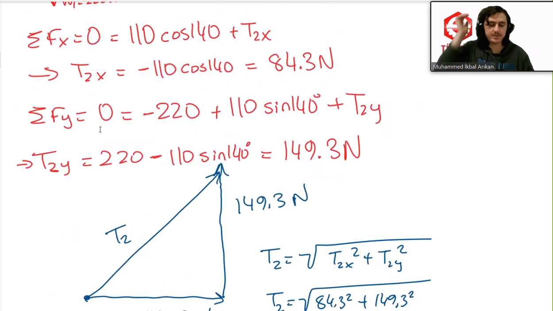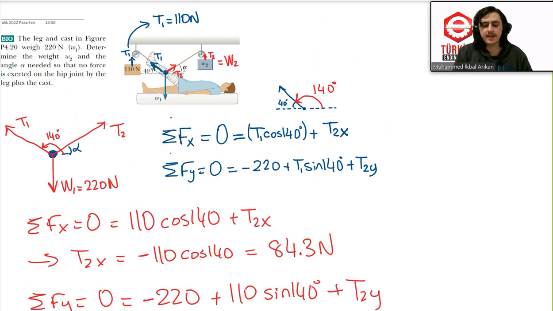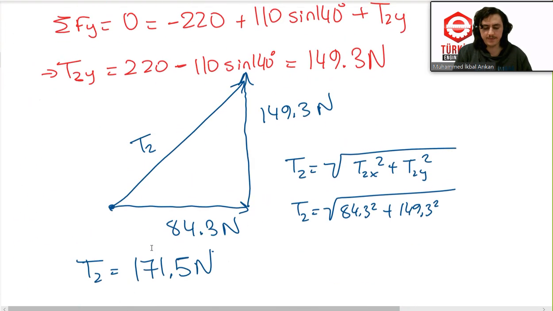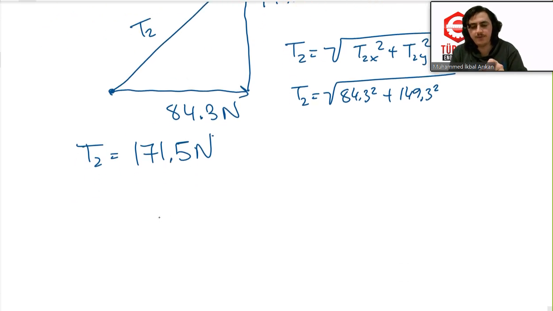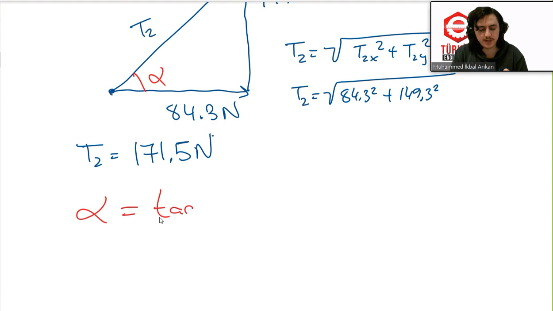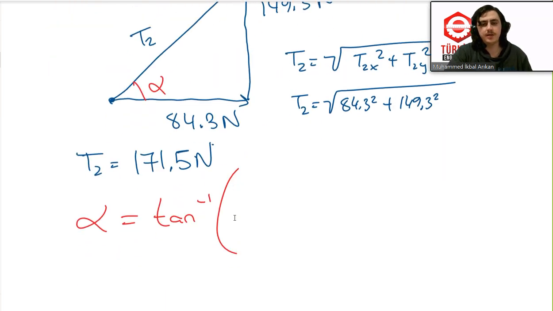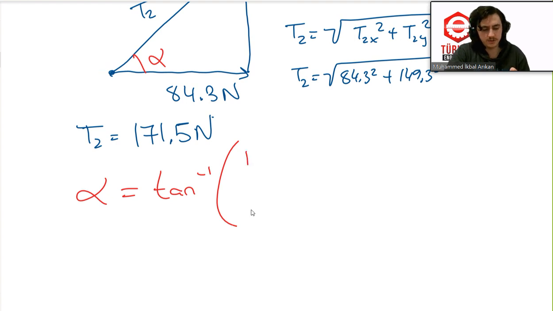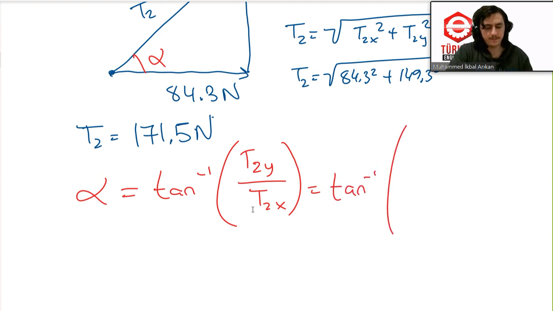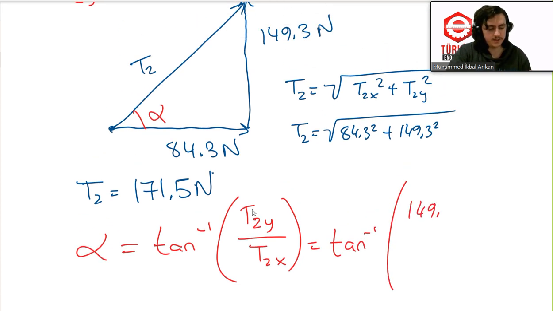So I know T1. I know tension 2. But what about this angle, which is alpha? How can I calculate the alpha? The alpha will be equal to the inverse tangent of opposite divided by adjacent. So T2y divided by T2x, which is equal to arctangent of 149.3 divided by 84.3.